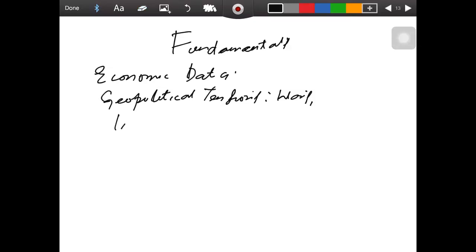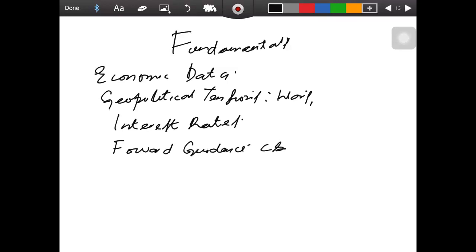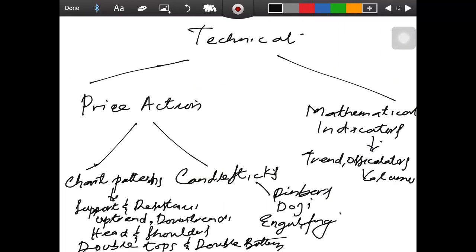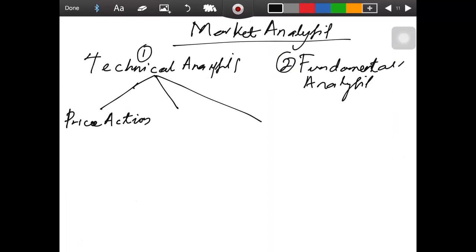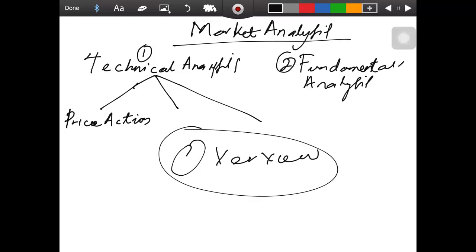You have interest rates, sorry, I'm writing fast just to save time. Forward guidance from central banks, from central bank chiefs. Okay, so this is a basic outline, just a basic overview that we have treated today.